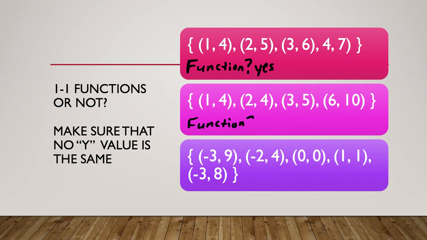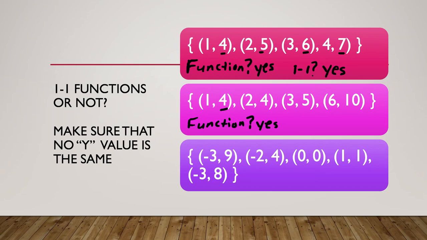So now let's check on these two examples and see whether each is a one-to-one function. Remember, in order for it to be a one-to-one function, we also have to have all the y values being different. So look at your y values. You have 4, 5, 6, and 7. So that's okay. All of them are different. That's going to make a one-to-one function. All right, let's look at our second example.